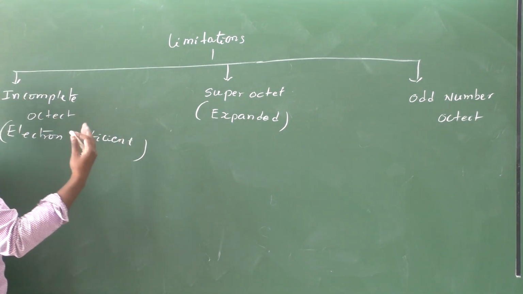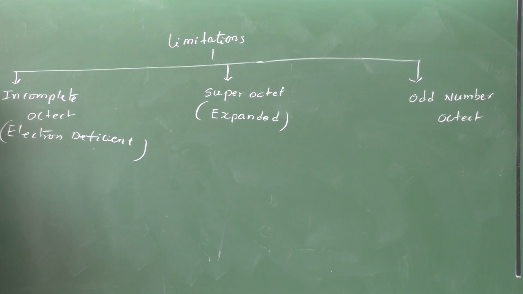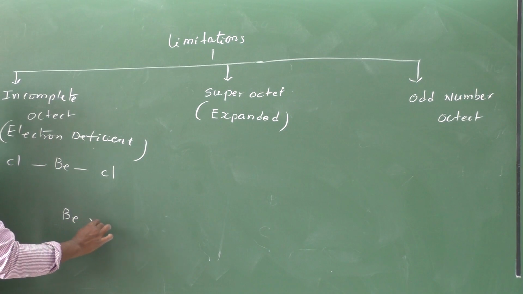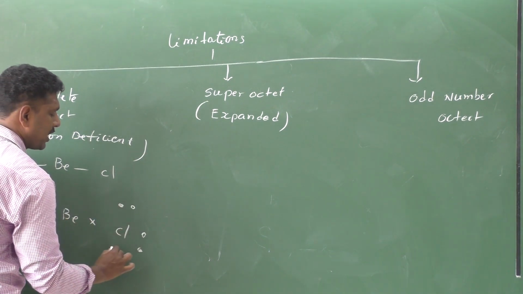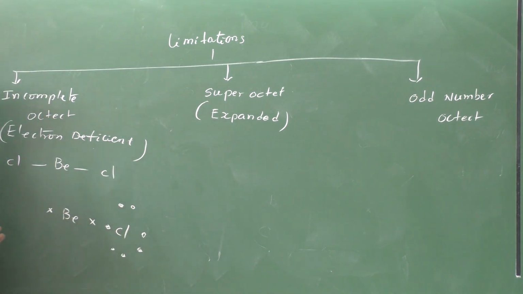I will give an example first, then we will discuss. Take the BeCl2 structure. Here beryllium is the central atom; beryllium has 2 valence electrons and chlorine has 7. This is the Lewis dot structure.